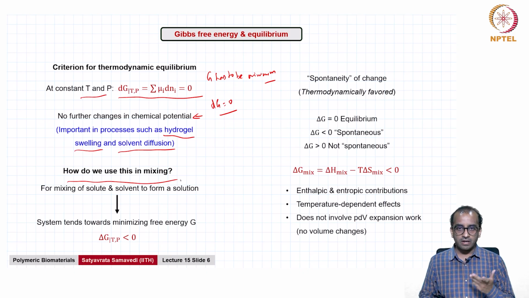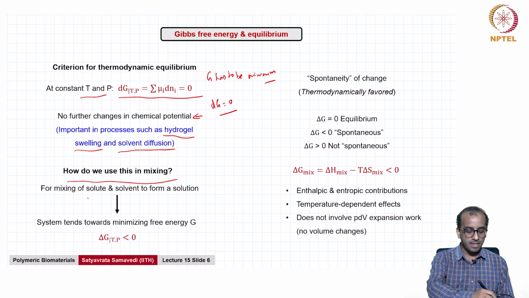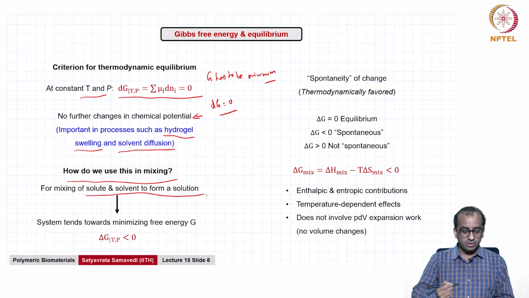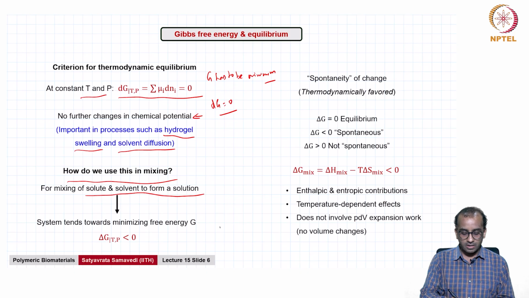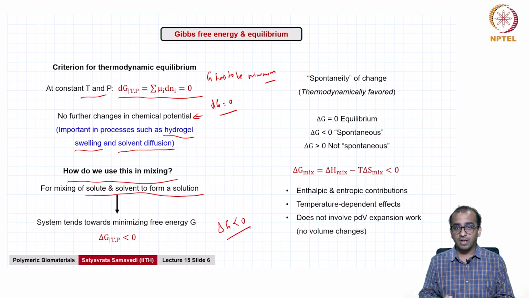So, if you are taking a solute and a solvent, we are not looking at polymers just yet, for them to form a solution spontaneously, if you want to use that word, the system should tend towards minimizing free energy G, or the change in Gibbs free energy has to be negative for this to occur spontaneously.